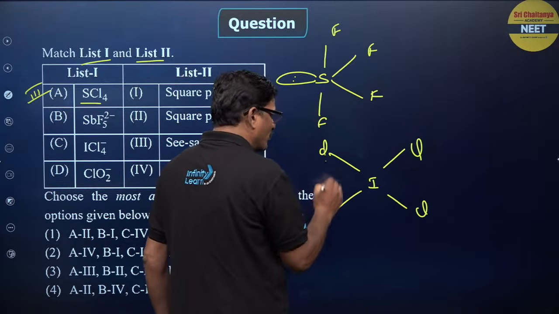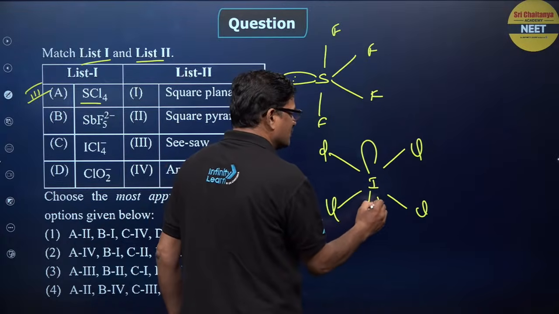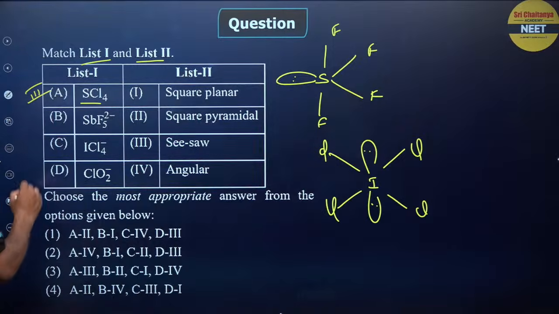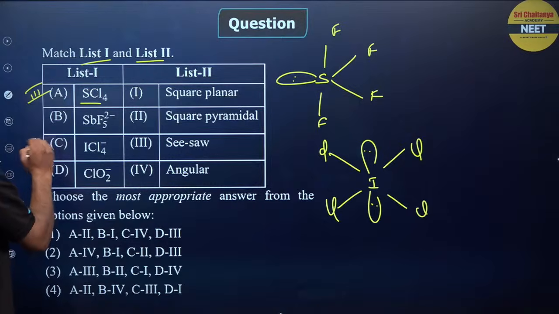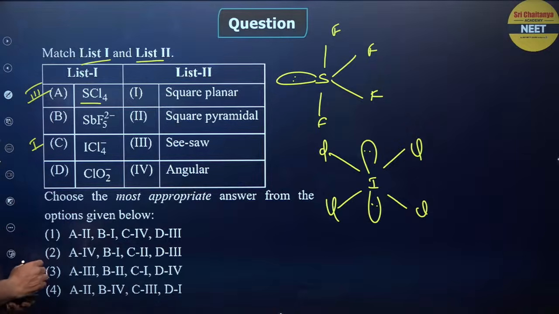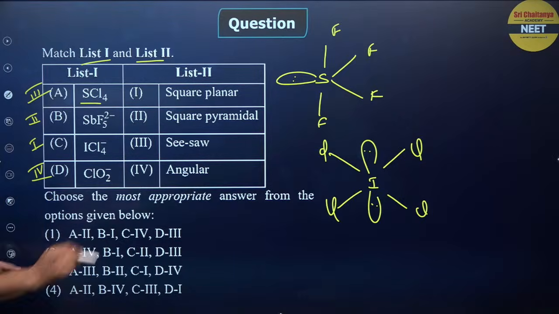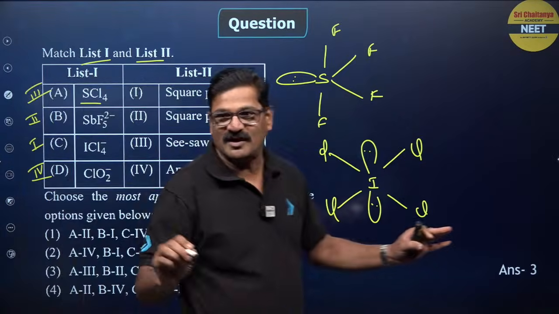It is a square planar structure. I just want to say 1. And SbF5, it is going to be square pyramidal, and ClO2 angular. So it is going to be square pyramidal and angular. So the answer for this question is going to be option 3.